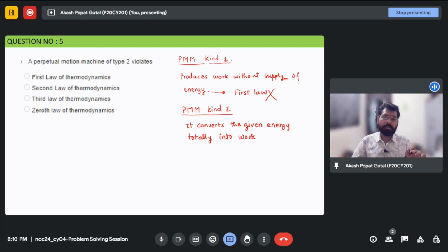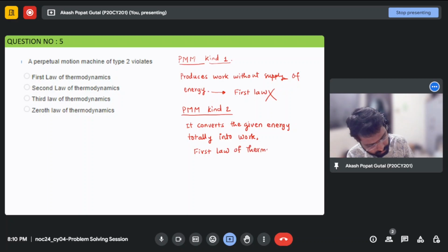This kind of machine actually follows the first law of thermodynamics, because the first law states the work and energy equivalence.